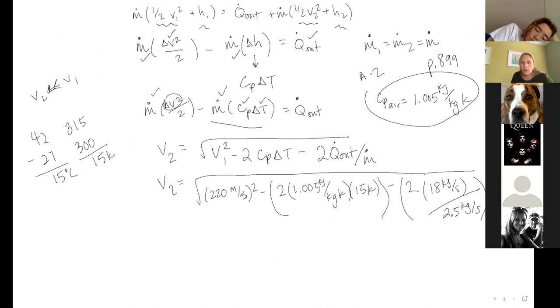All right. When we look at our units, here we're going to have kilojoules per kilogram. Here we have meters squared per second squared. Here we have kilojoules per kilogram. So we're going to need to convert these kilojoules per kilogram into meters squared per second squared.